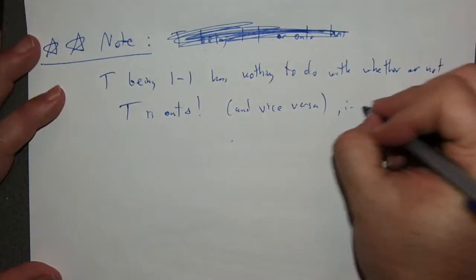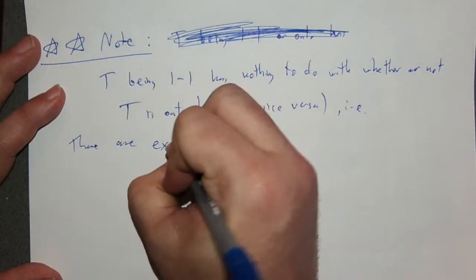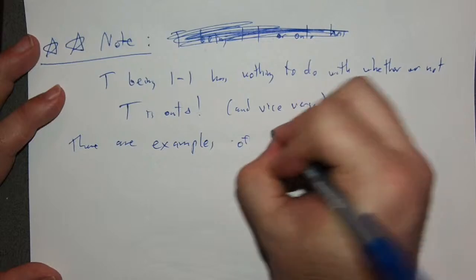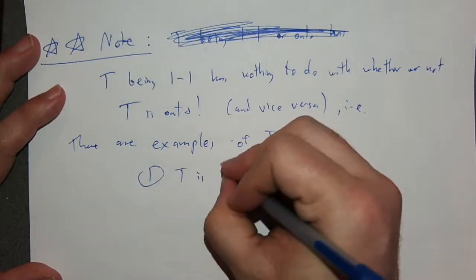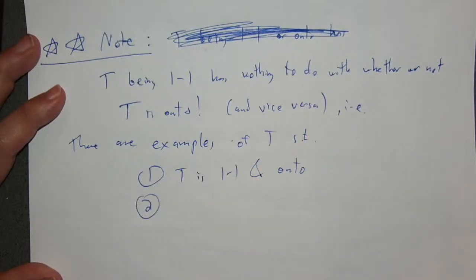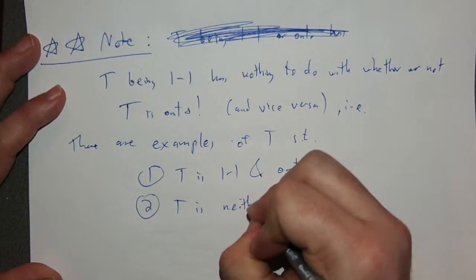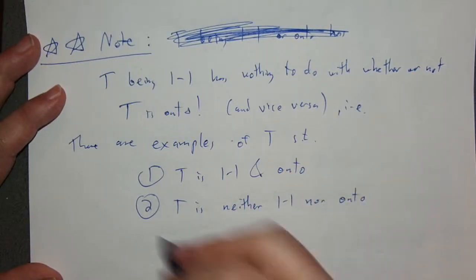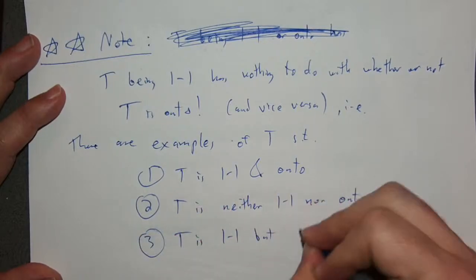I.e., there are examples, in fact, you're going to have to come up with these. So there are examples of T such that 1, T is 1-to-1 and onto. 2, T is neither 1-to-1 nor onto. 3, T is 1-to-1 but not onto.